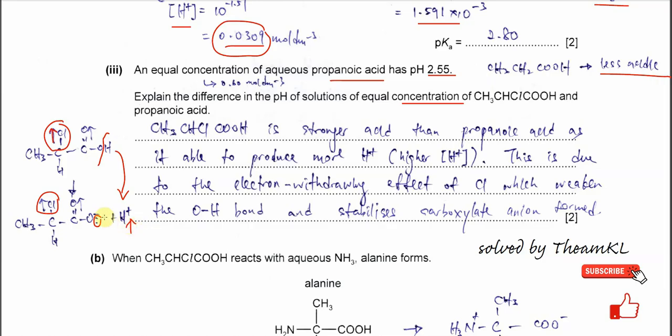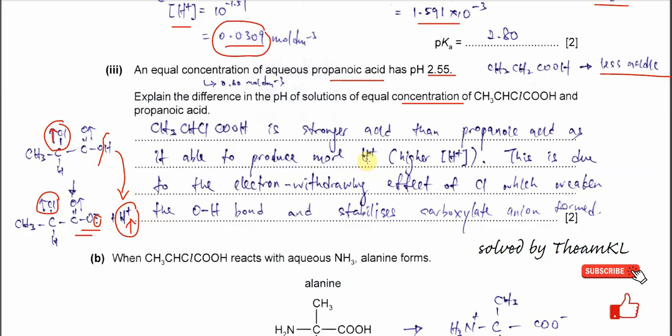In another way, we say that the chlorine, because it withdraws electrons and leaves the electron density on the oxygen lesser, stabilizes the carboxylate ion. Stabilize means it is not so reactive or does not react with others. So when it is less likely to react with H+, the H+ is more and it is more acidic.